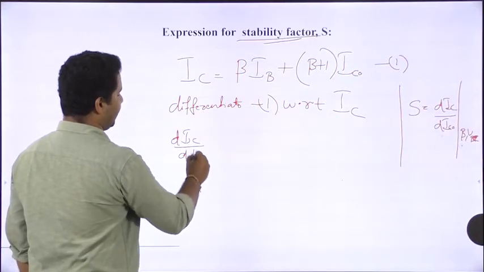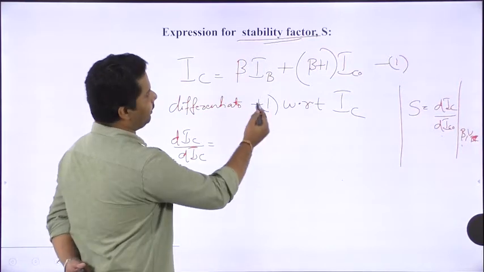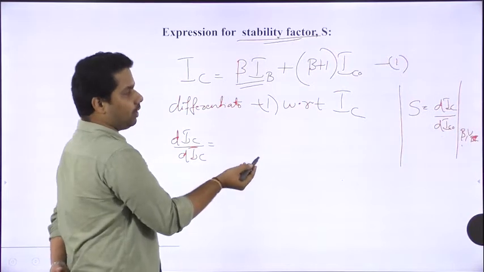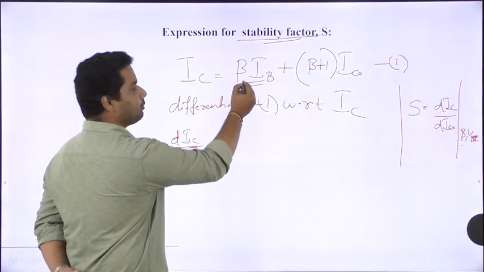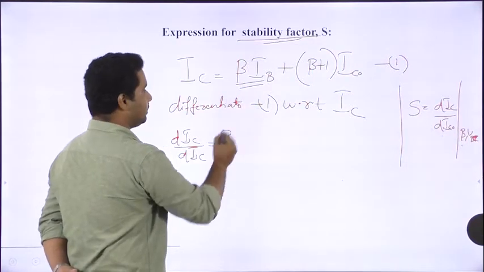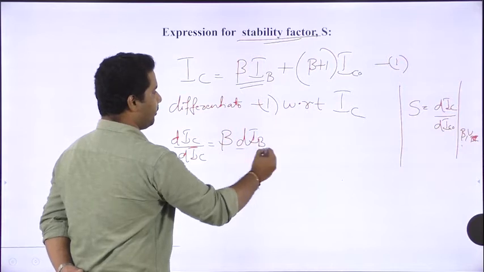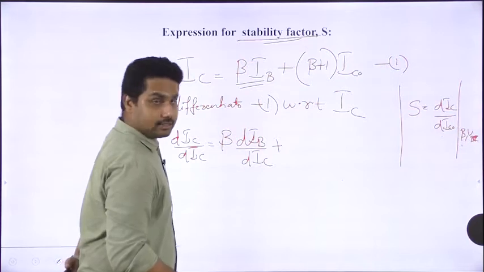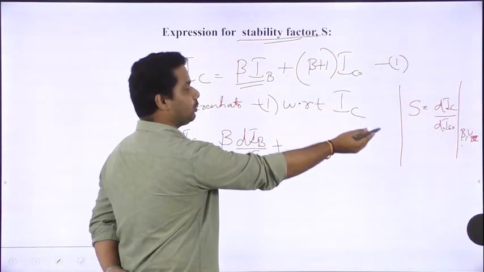We'll start. dIC by dIC is equal to the derivative of beta IB with respect to IC. Beta is a constant, so the remaining thing I write is dIB divided by dIC, plus again differentiating (beta plus 1) IC naught with respect to IC.